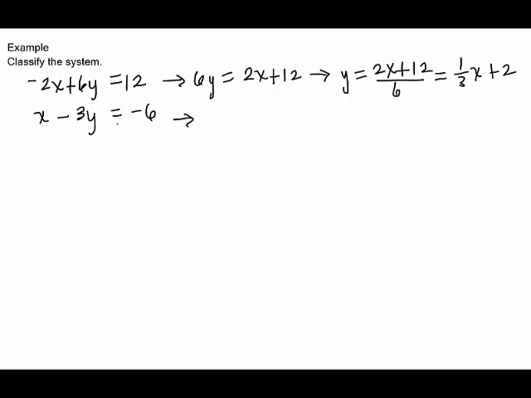And then the second equation, we're going to subtract x from each side. We get negative 3y equals negative x minus 6. And then divide both sides by negative 3, and reduce, and we have positive 1/3 x plus 2.